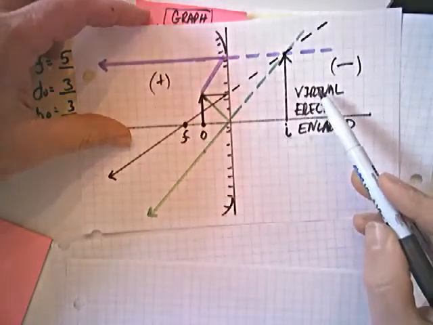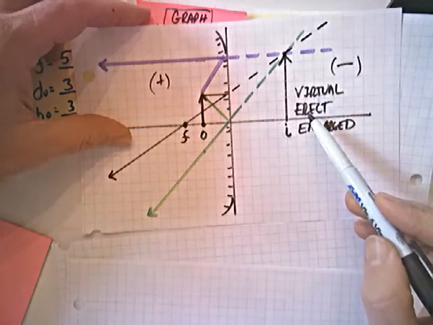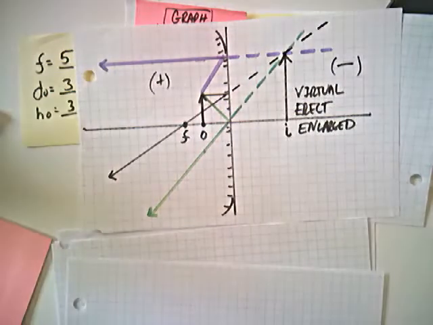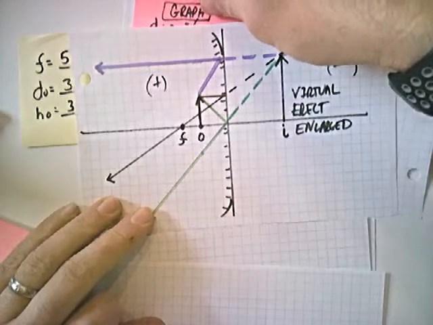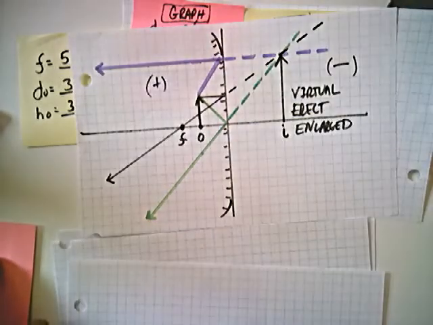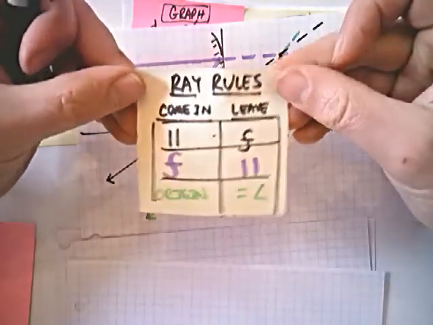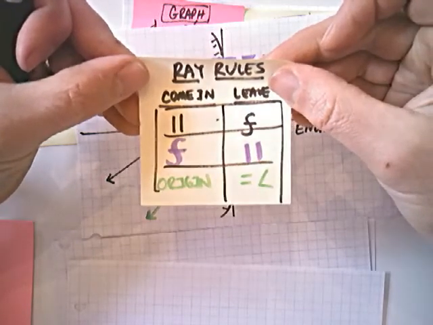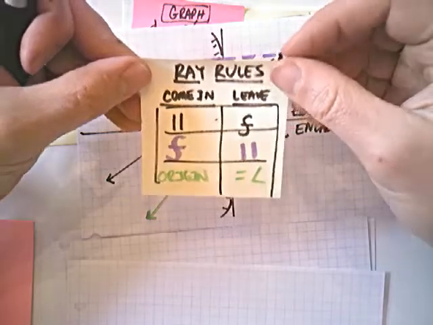Now it becomes virtual, it becomes erect, and it becomes enlarged. So, just something to notice. Every time is a little bit different. The one thing that stays the same, however, are the ray rules. So, just realize these will work all the time. It's just going to be applied a little bit differently.